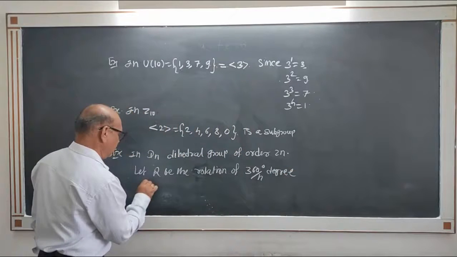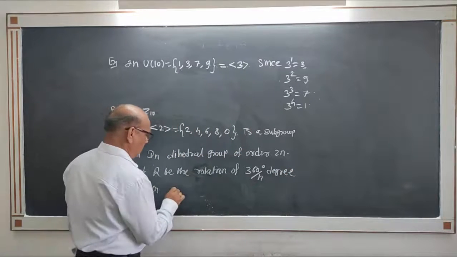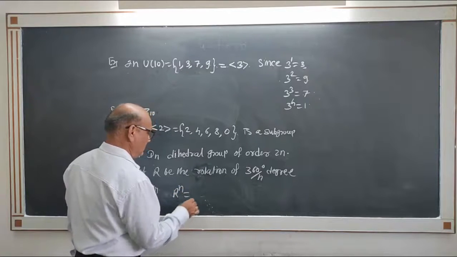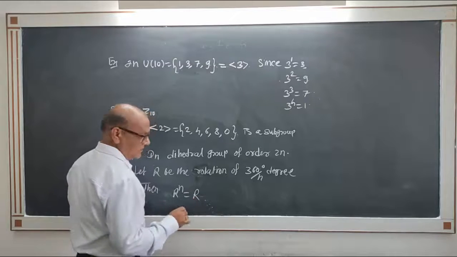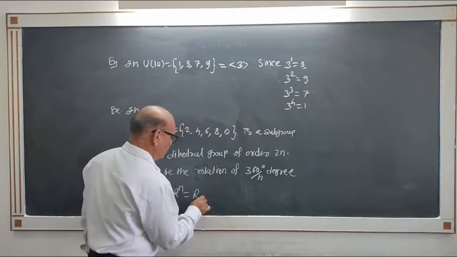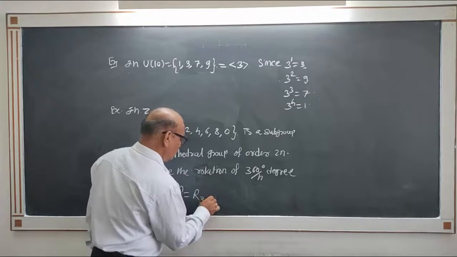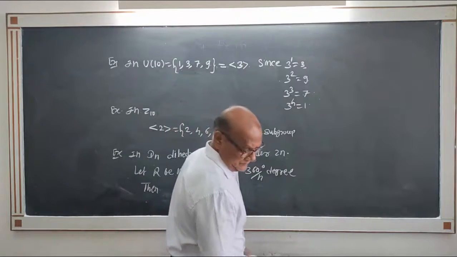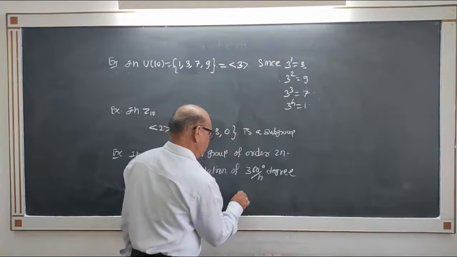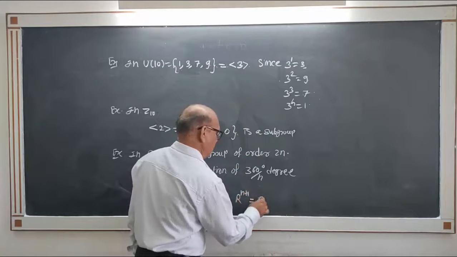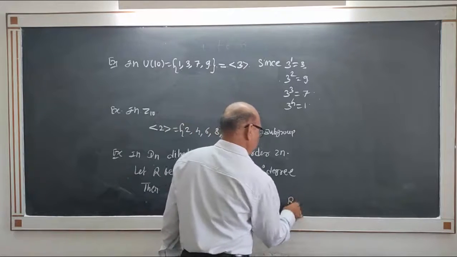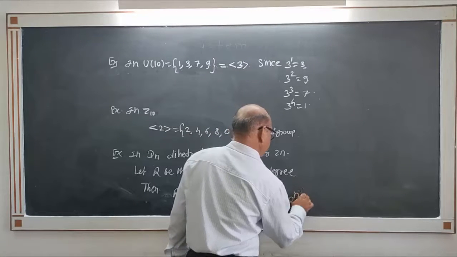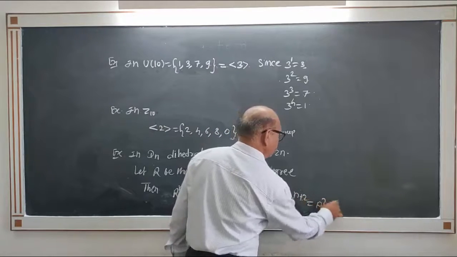Then R raised to n is equal to R of 360 degrees. R raised to n plus 1 is equal to R, R raised to n plus 2 is equal to R square, and so on.